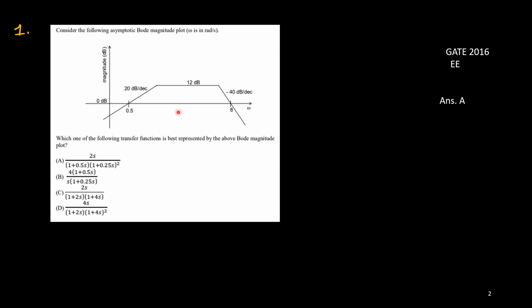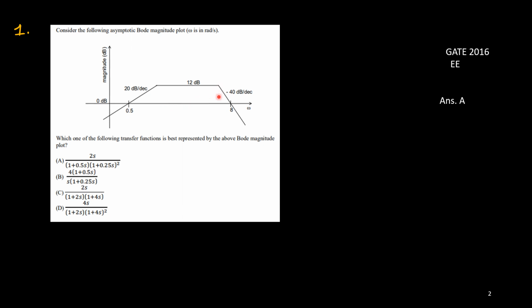Now this kind of problem I had discussed in part 1, but here there is a little difficulty. That's why I have chosen this problem. Here, at which frequency you are having this bending is not mentioned. So this corner frequency is not provided.